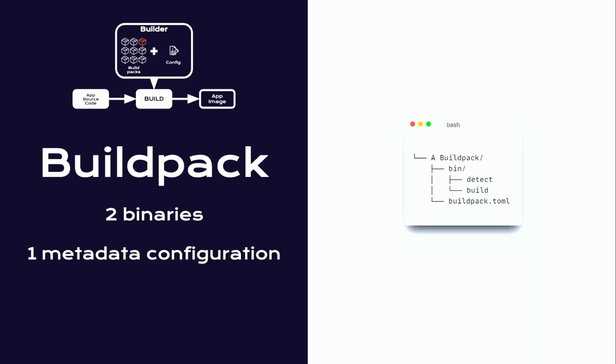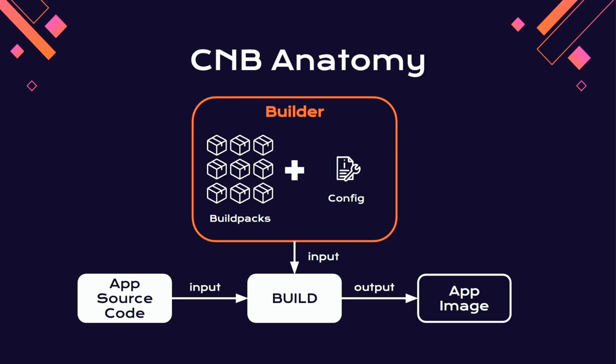How do they know? Because you tell them to, as a platform developer. So usually, one buildpack looks like that. It's just two binaries, detect and build, with a little bit of configuration. So the ID of this buildpack, and the name and the version. Nothing complicated. It's that simple.